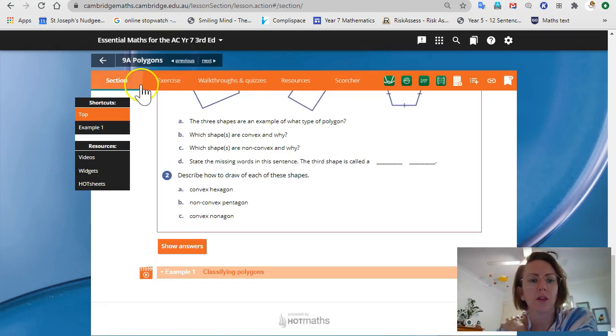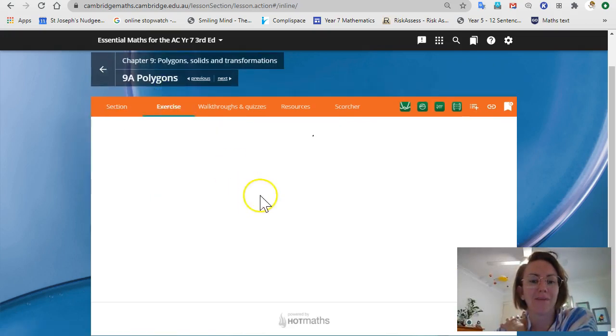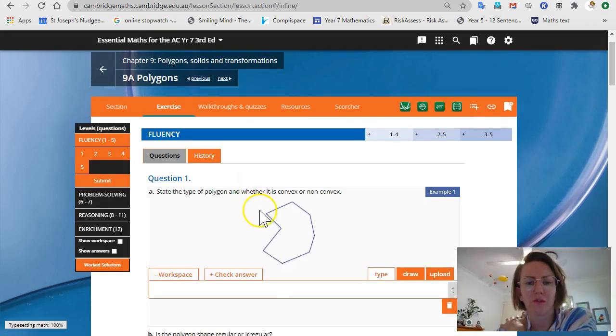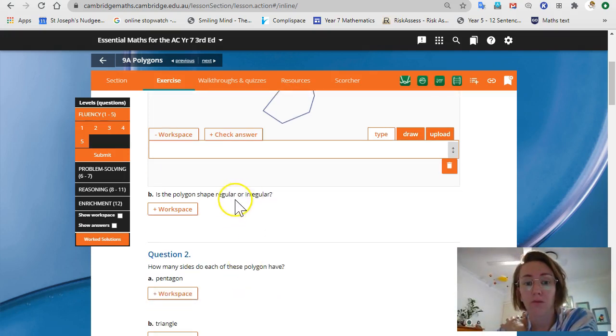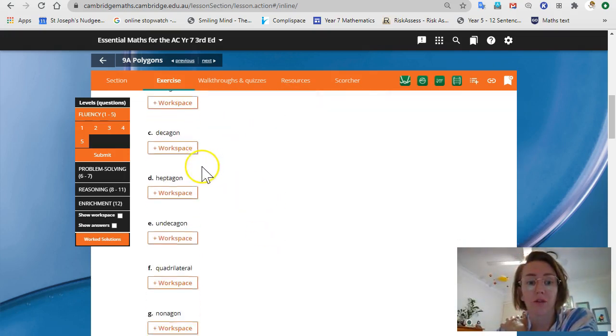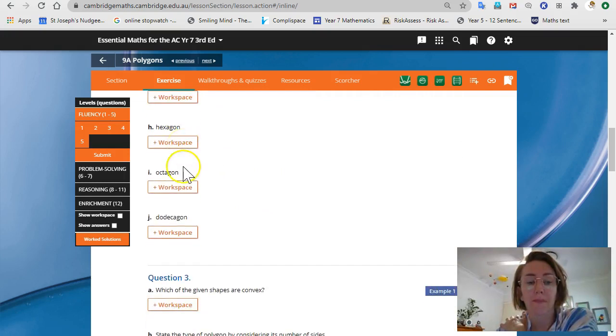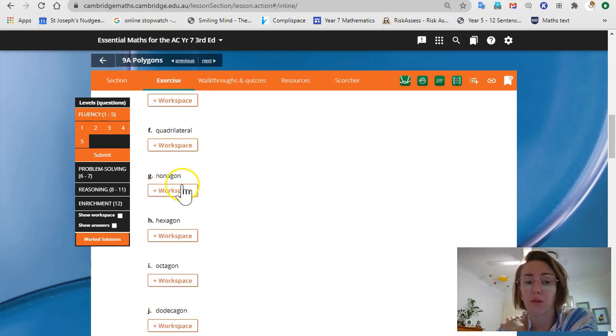Exercise 9A, just so you have an idea of what that topic encompasses. You're talking about identifying all of those words and types of shapes we talked about before: convex and non-convex, regular and irregular, and also the types of shapes and the words associated with them in terms of how many sides they have.